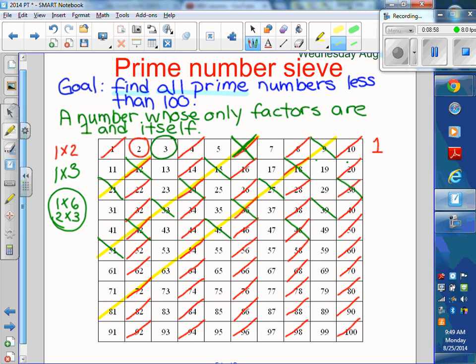Continuing with this, after 9, the next multiple of 3 was 12, so that diagonal's drawn. Then 15, so that diagonal's drawn. Then 18, that one's drawn.